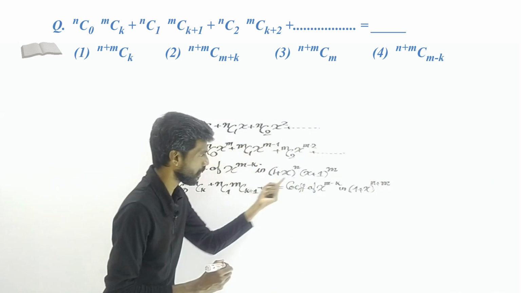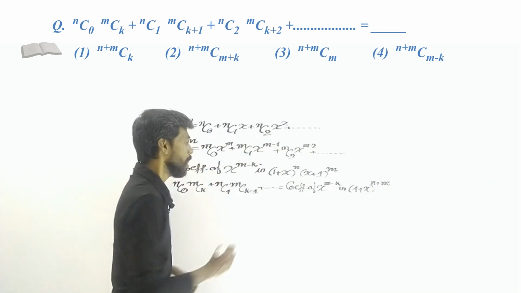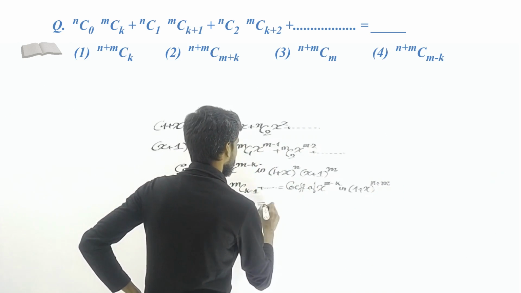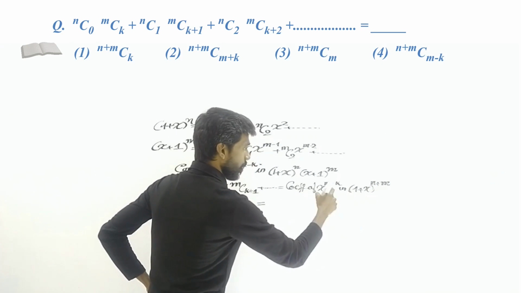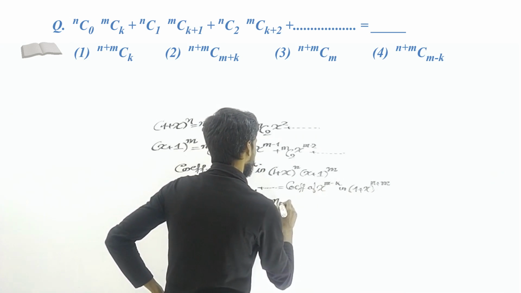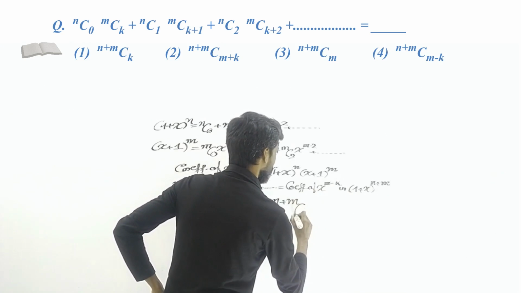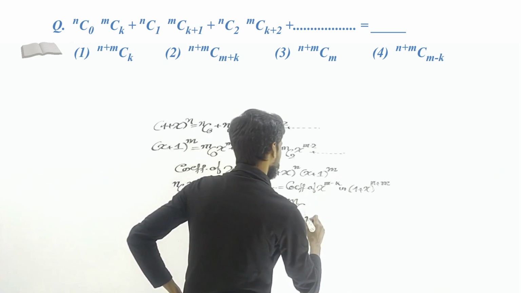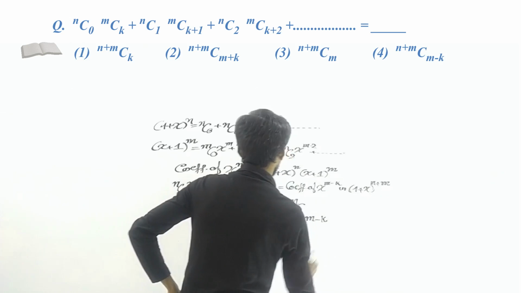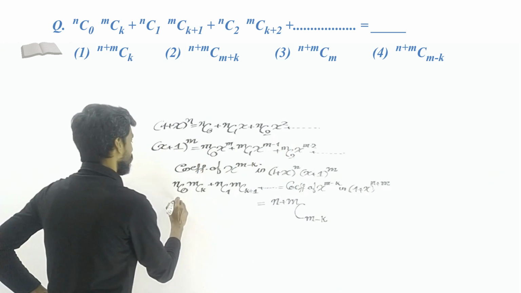If you do the multiplication of this, you will get that only, 1 plus x to the power m. So that means our required answer here is this coefficient of x to the power m minus k. That means n plus m c, right? N plus m c m minus k. Okay, so that is the value of this term.